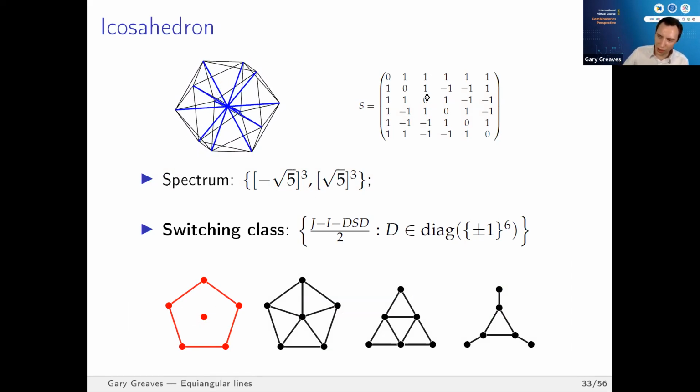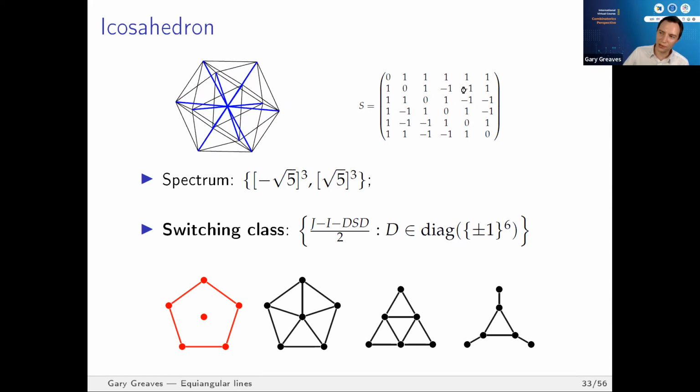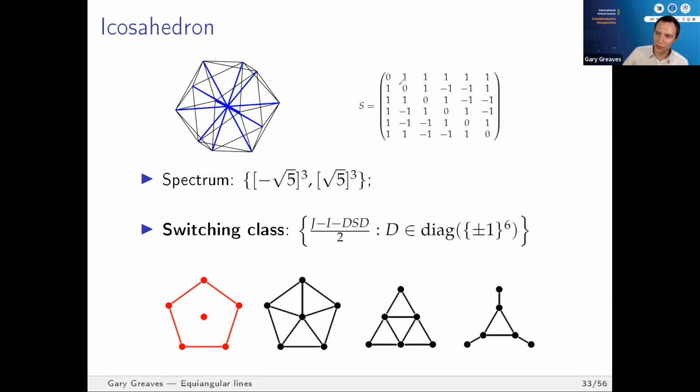And then for all the other rows, we have precisely 2 minus 1s. So if I look at this submatrix here, you see there's 2 minus 1s in each row. And so the corresponding graph will be a cycle. So we get this 5-cycle and an isolated vertex.